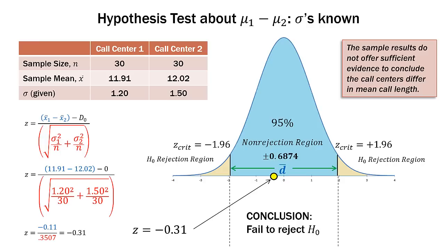The sample results do not offer sufficient evidence to conclude the cost centers differ in their mean call length. And again, we did that by finding our test statistic, our z-statistic, which is basically a measure of how many standard errors the difference is from 0, and then if it falls in this non-rejection region, we fail to reject our null and conclude the cost centers don't really differ in their mean call length.